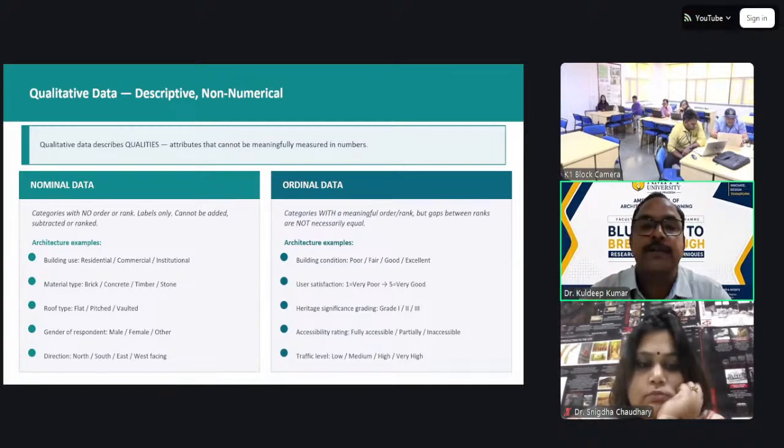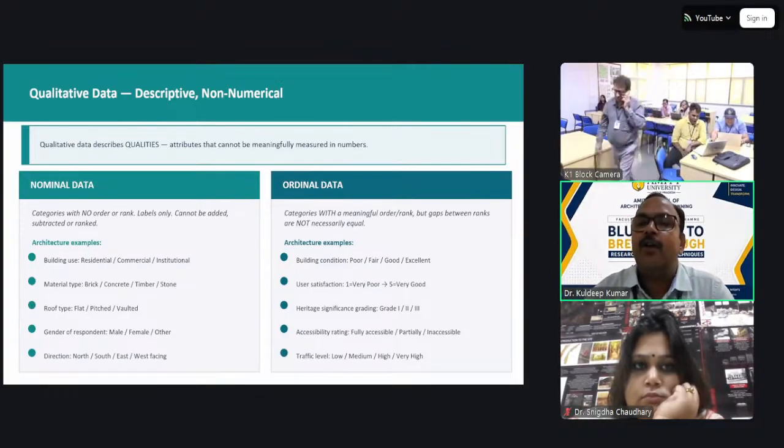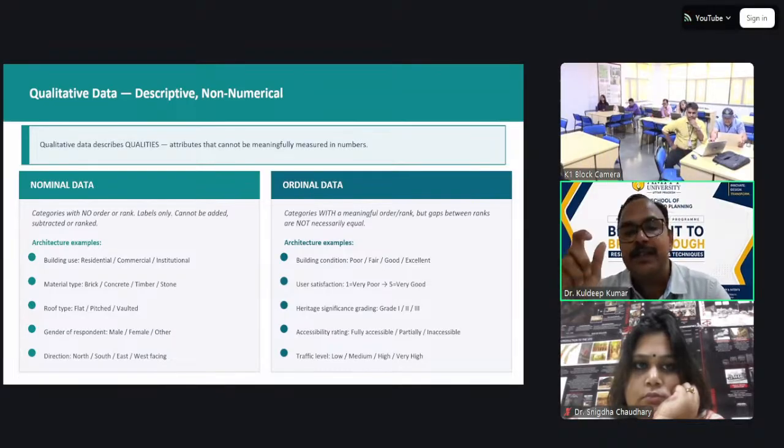Nothing more than that. Coming to ordinal data, it categorizes with a meaningful order but unequal gaps. The order is there, but the gaps are not equal. Ordinal data ranks things, and we know that one category is higher or better than another, but we don't know the precise distance between the categories.